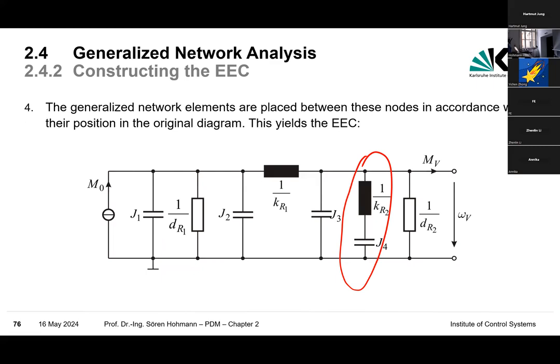There's a certain relation which relates to the inertial system. So if we take it as a rule that capacitors have to be grounded, then obviously capacitors between two nodes are not possible in mechanical engineering.